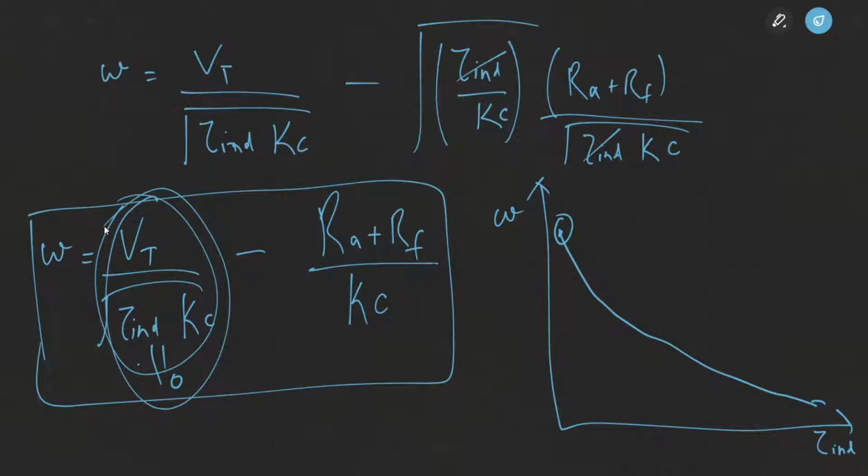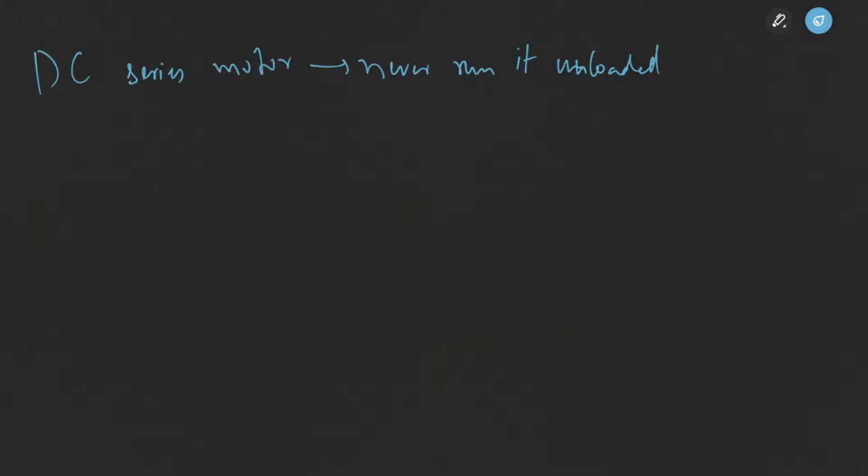Practically, there are the mechanical bearings, there are friction losses, stray losses, etc. Therefore some amount of torque induced is always generated, but if that is very small, of the order of 0.01, the speed will be very large. So the starting torque of the motor will be significantly much larger as compared to a shunt motor, particularly if the motor is run unloaded. That can actually cause significant damage to the motor.